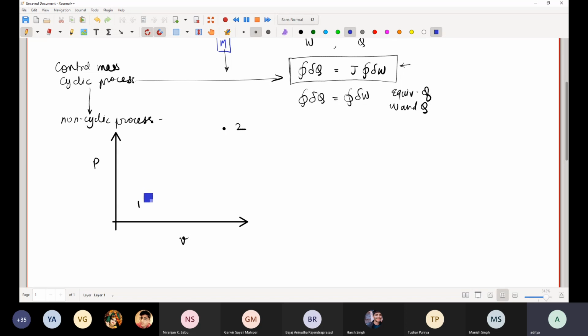We can have one cycle which looks something like this. That is, we go from point 1 to point 2 using a process A, right? And we come back to state 1 using process B.